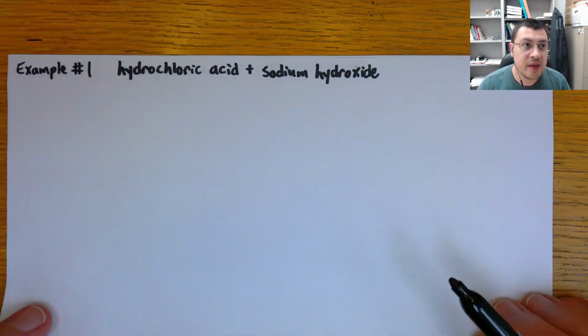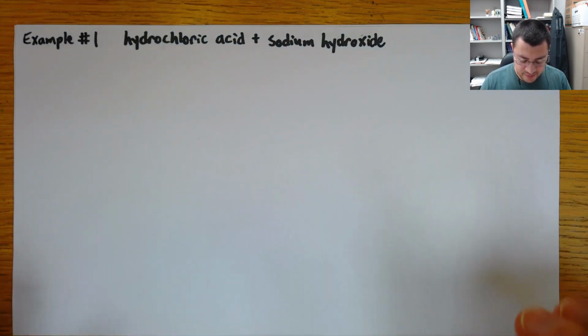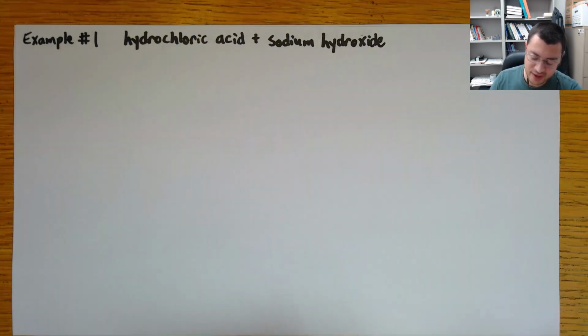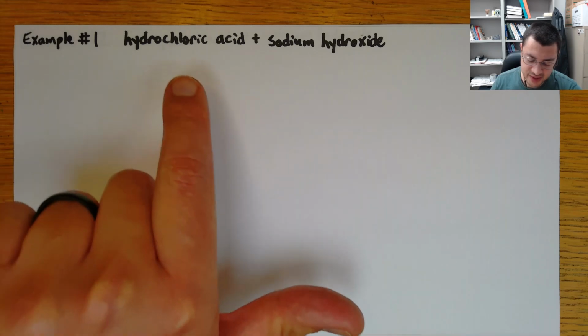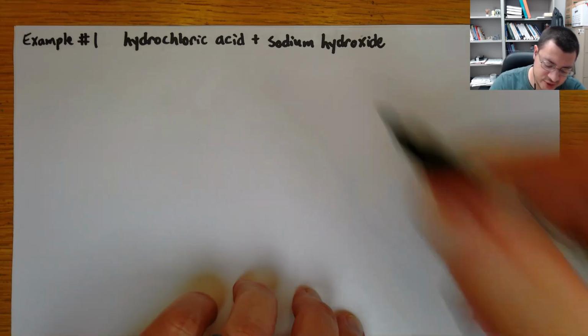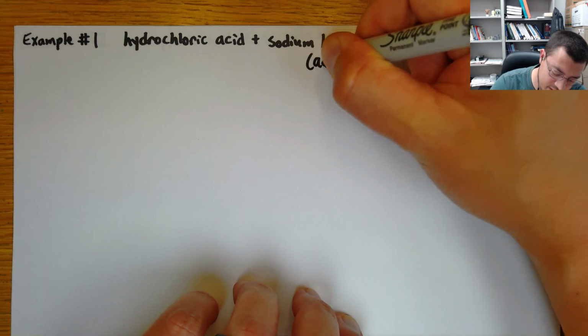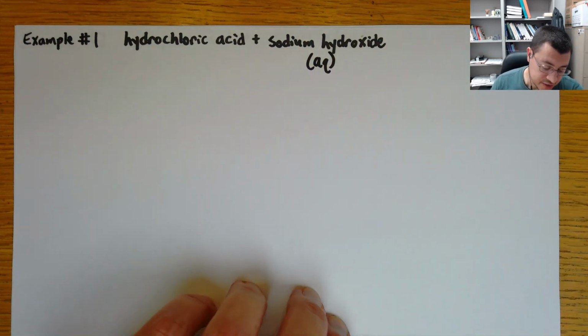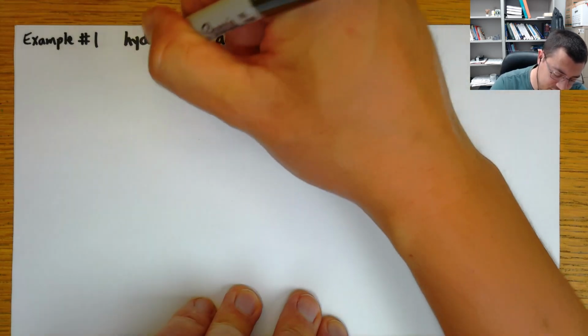I have 2 today. For the first one, I'm doing the same thing as I did in the precipitation video, where I'm giving names and giving you some practice working with names. We are mixing hydrochloric acid and sodium hydroxide. I'll note that this is dissolved in water. So let's turn hydrochloric acid into its formula.